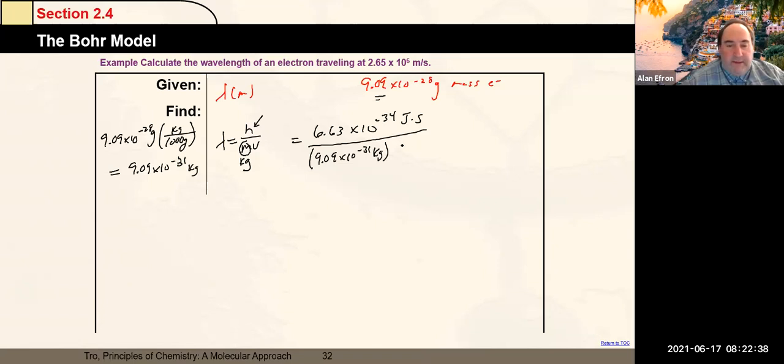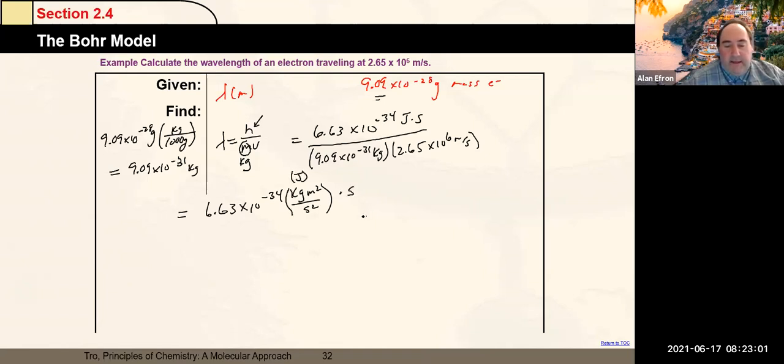And our velocity was already in meters per second, which is perfect in this particular case. And again, basically, this is 6.63 times 10 to the minus 34 kilograms meters squared per second squared. Again, all that is basically a joule.